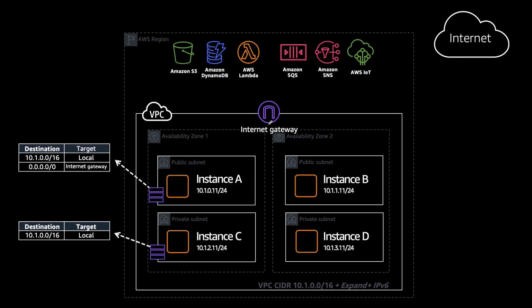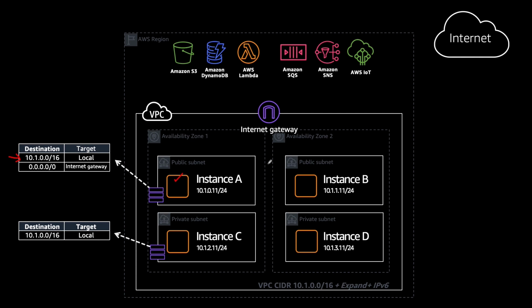And what we do is, once we create this internet gateway, we just update the route table with this entry: any IP address which is not in this VPC address range, we say that the target should be internet gateway. So if you create this instance, right, instance A, and from this instance A, if you type, let's say, ping 8.8.8.8, that means it is trying to reach out to an internet web page or any instance from the internet.